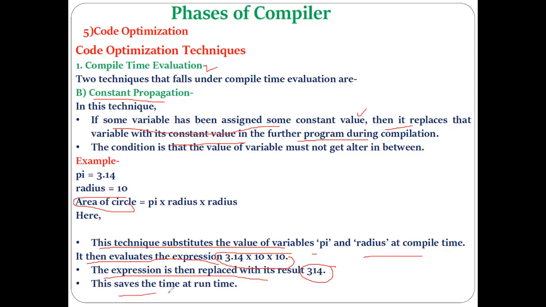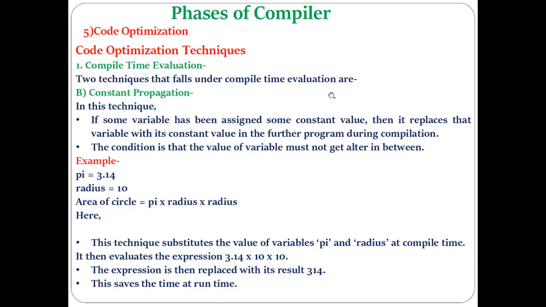So this expression will be replaced with the value 314. This is also saving time at runtime. If the condition is satisfied, then this computation can be done at compile time only, and no need to put in extra effort or do the processing during the runtime. Understood? So this is also making our program faster because of constant propagation, and that is called compile time evaluation.